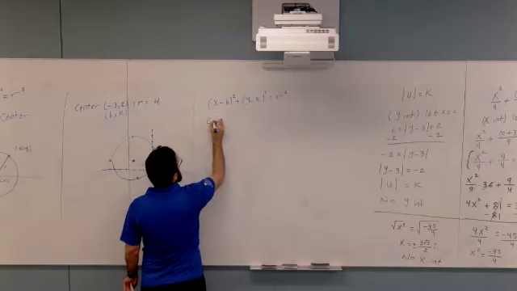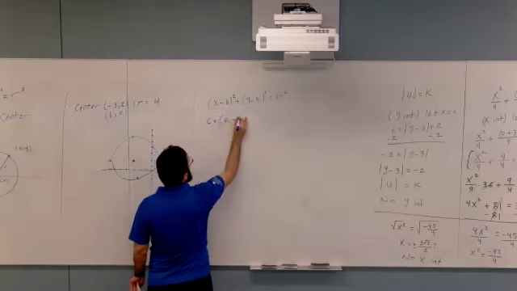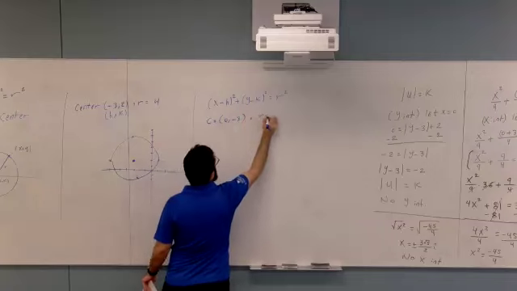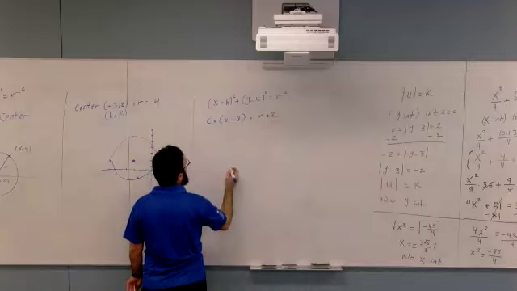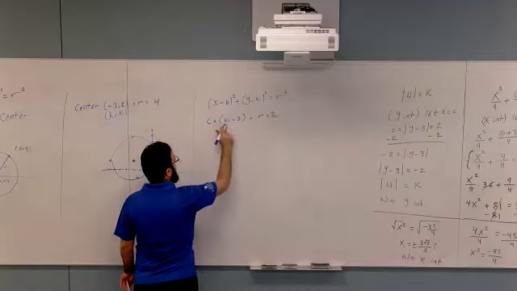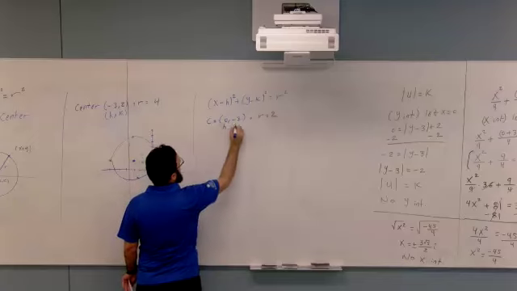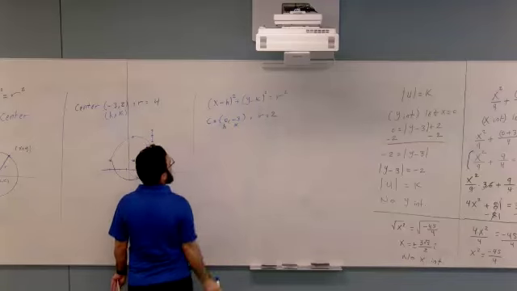Now they give you the center 0, -3, and the radius equals 2. So this is h, and this is k. I'm just going to plug in everything here.